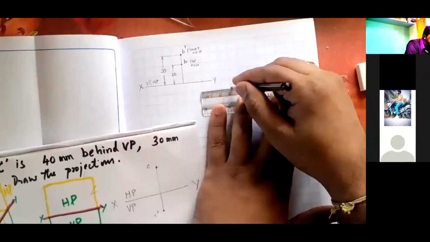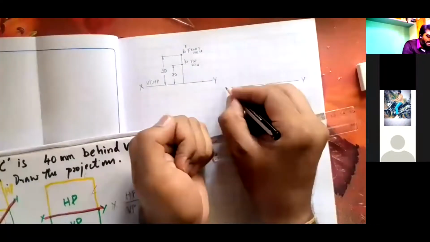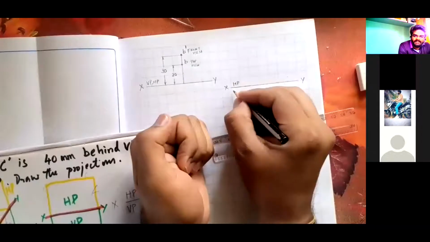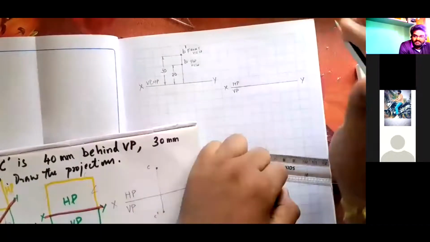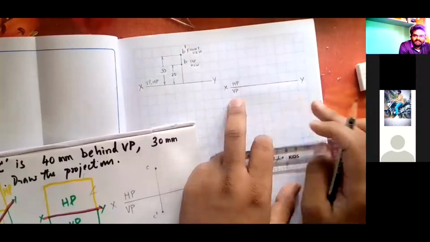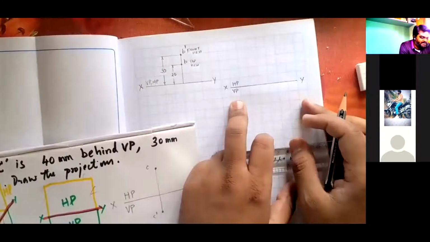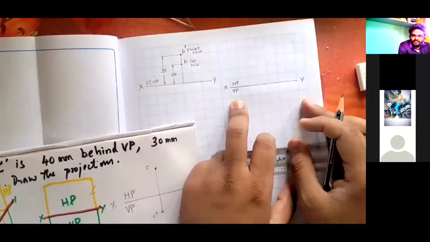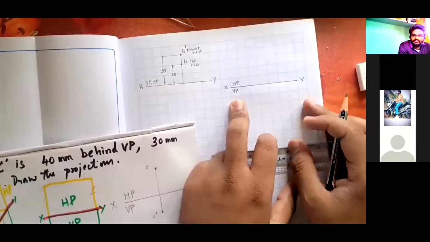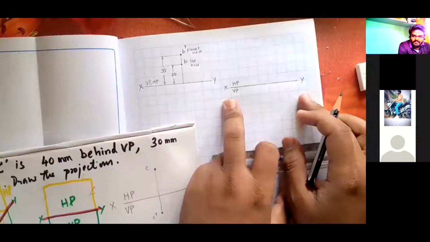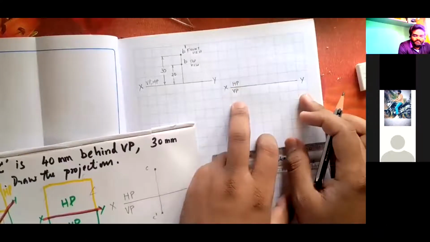XY, HP and VP. To represent that till here, it is 1 mark. Please remember, there are step by step marks. Annotations and namings will carry 2 marks. If you name the XY line in capital letters as HP by VP for this problem, that means you have got 1 mark.